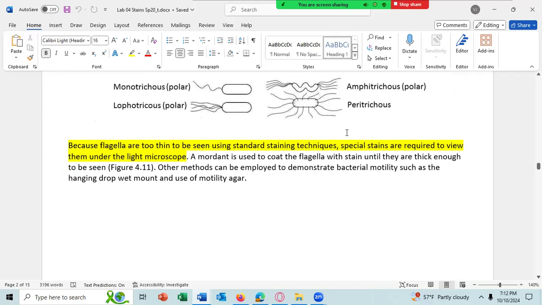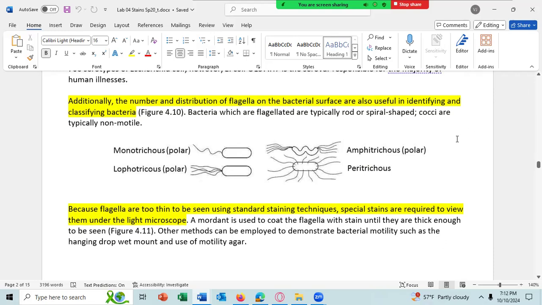Let me return to the flagella classification. When a cell is growing, first it will have no flagella. And then if it is a cell that will become peritrichous, it'll go from no flagella to monotrichous, meaning it'll put out a single flagellum.